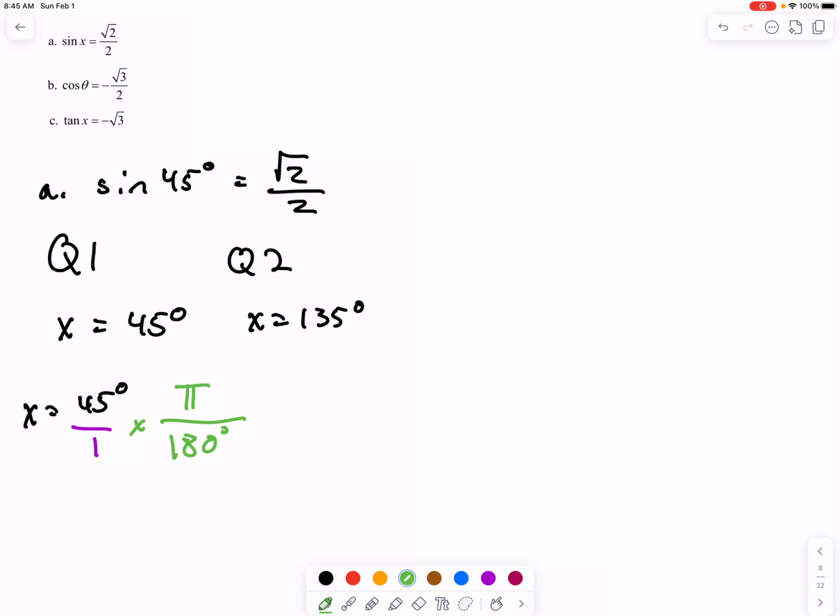It's 4, right? So it looks like that's pi over 4. And then for this other one, we're going to do what? Pi minus pi over 4. Or we can just convert it like we did this one, right? That'll work too. So like this times pi over 180.